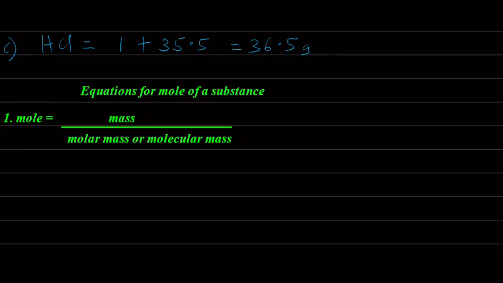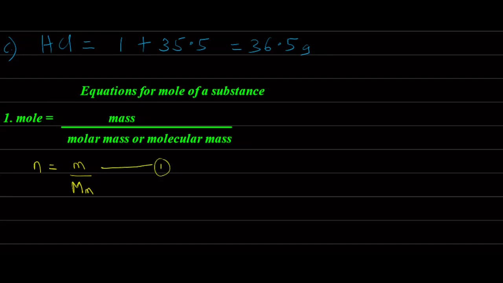We have learned how to get the molar mass or molecular mass of any substance. So we can simply write this equation as n is equal to m over mm, where mm represents molecular mass or molar mass. We make this equation 1.